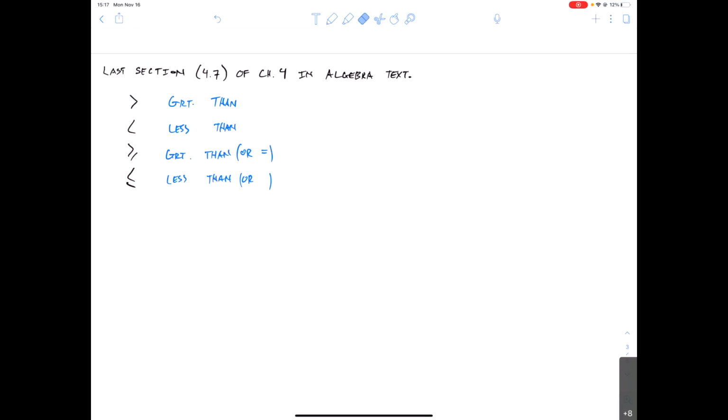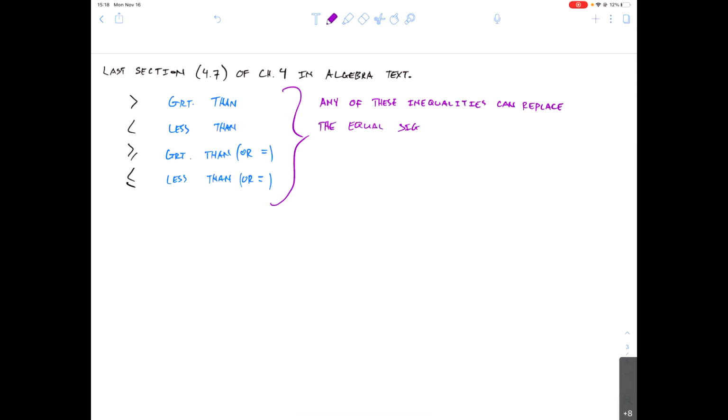And what I wanted to point out was that of these 4 symbols, or 4 inequalities, any of these inequalities can replace the equal sign in slope-intercept form.